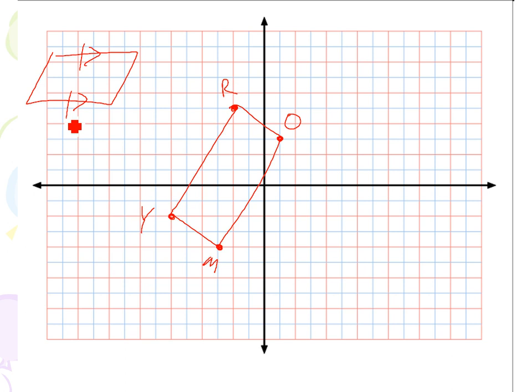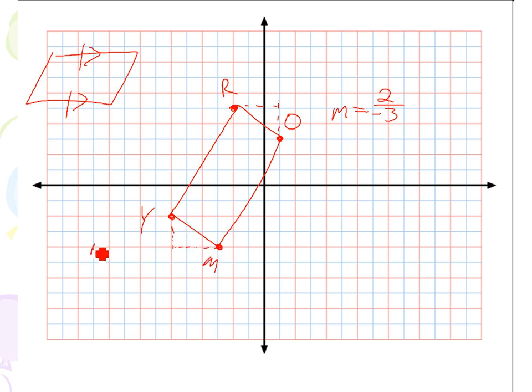RO. So to find the slope of RO, we just go up and over. How much did I go up? 2. How much did I go over? Be careful. -3. So the slope is -2/3. Do the same thing down here.